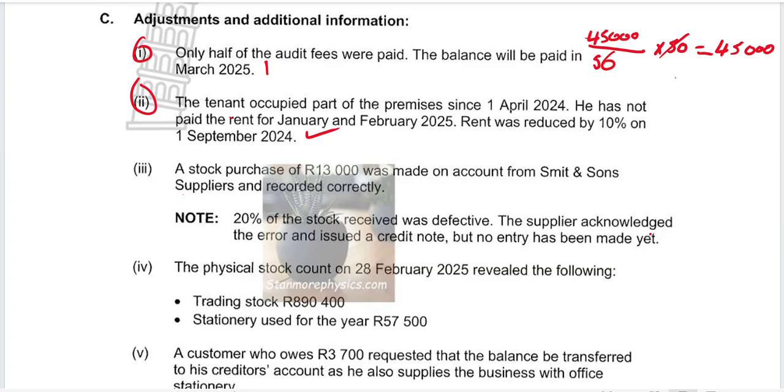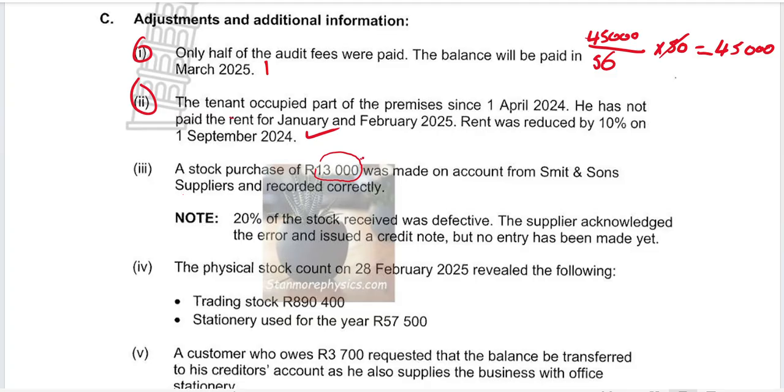Since we have 13,000 of stock, 20% of this 13,000 was defective, and we're owing this supplier 13,000. In other words, part of it is not good.